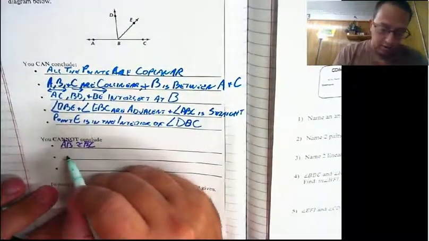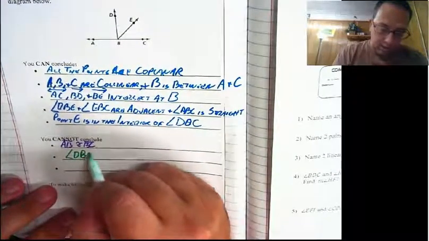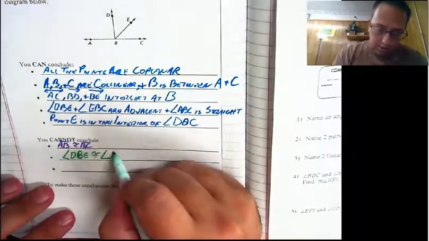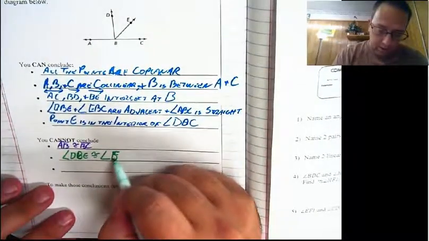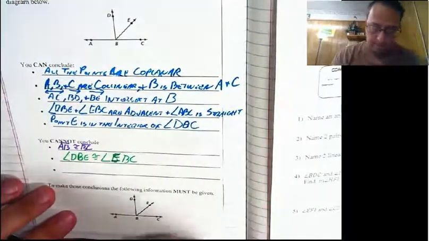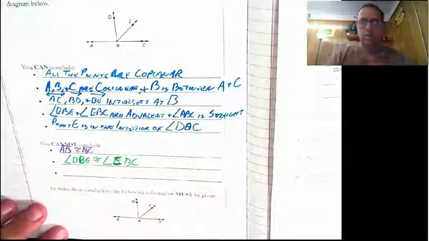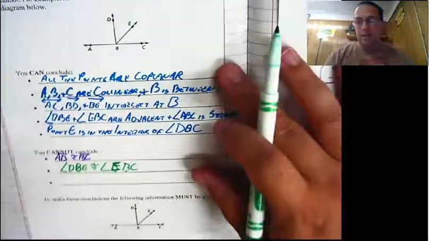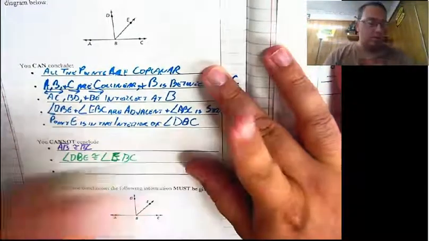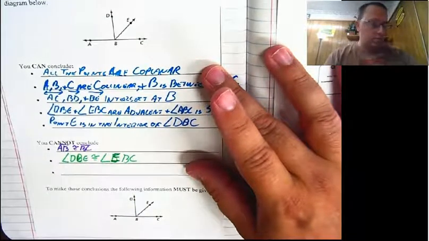So we cannot conclude that angle DBE is congruent to angle EBC. We cannot conclude that these two angles are congruent because they could be off by just a little bit, and that's not something that we'd be able to tell just by looking at it. It would have to be something you measured or something along those lines.